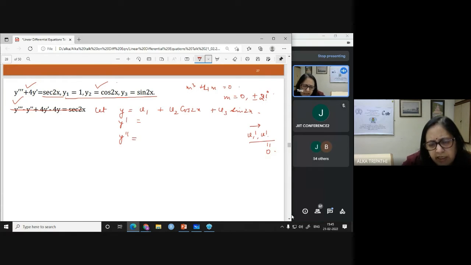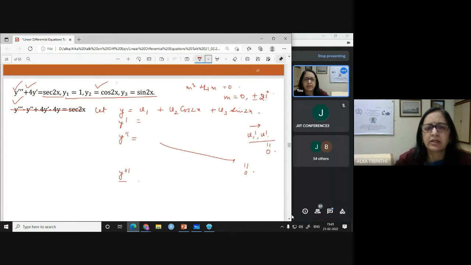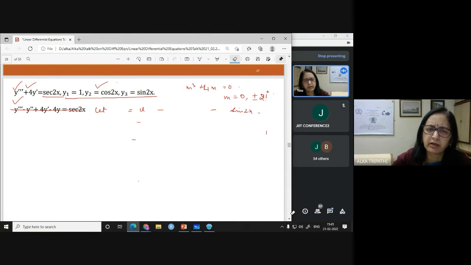Similarly, in the second case also, we will consider the v1 dash, v2 dash part to be 0. Then we will find the triple derivative and substitute in this equation. We will have 3 equations, 3 unknowns, and we can get the values of all 3. But in place of this method, if I am using Cramer's rule, or you can say I directly convert into matrix form, it becomes very easy.